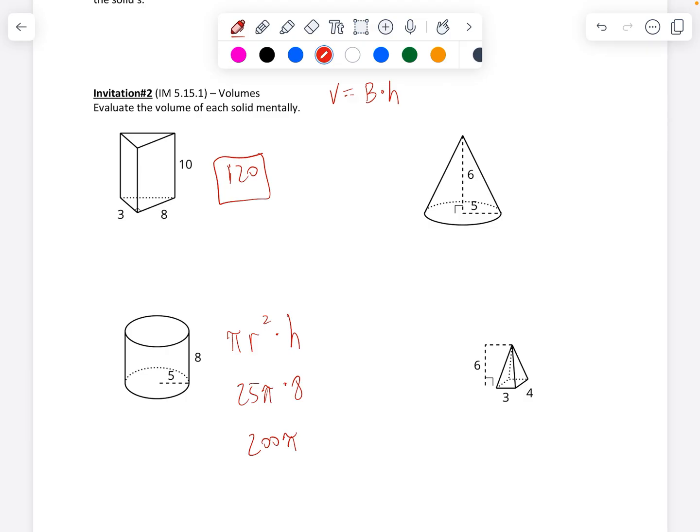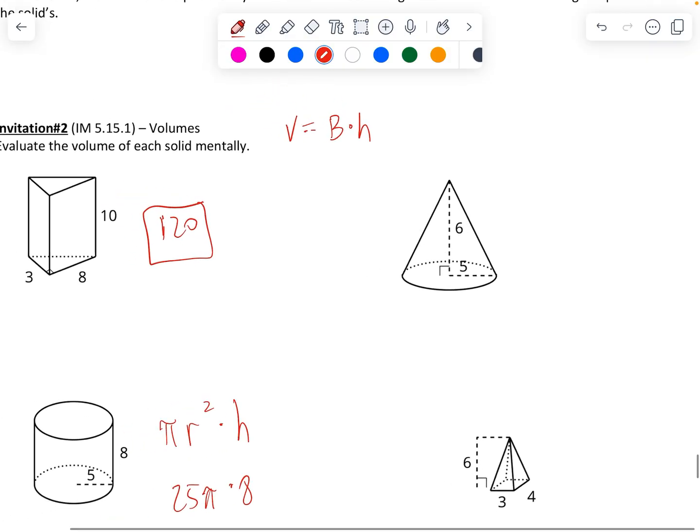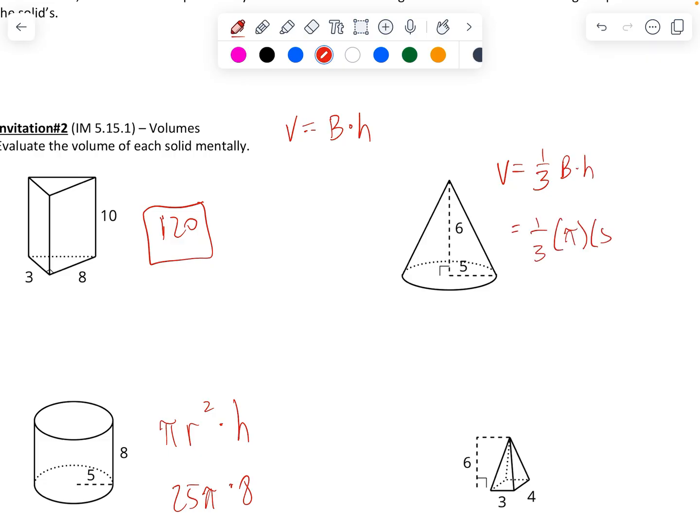All right, and then for the next one, the volume of a cone, you'll learn later on in this lesson, actually, the volume of a cone is 1/3 area of base times the height. So it's 1/3 pi r, which is 5, squared times the height.